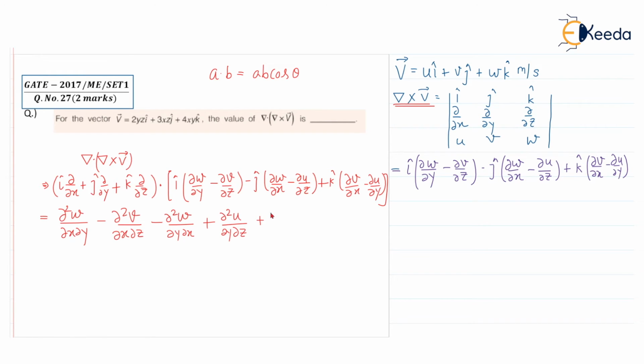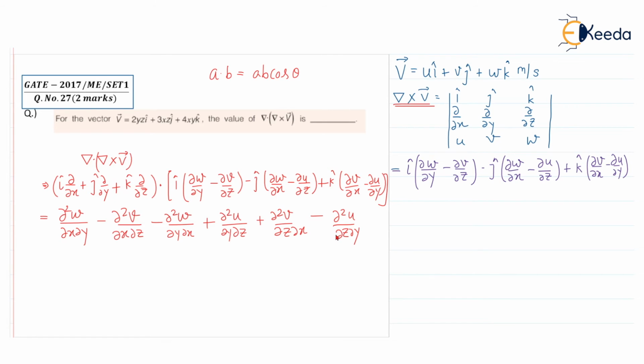Then the k term with this last term: dou square v by dou z dou x minus dou square u by dou z dou y.